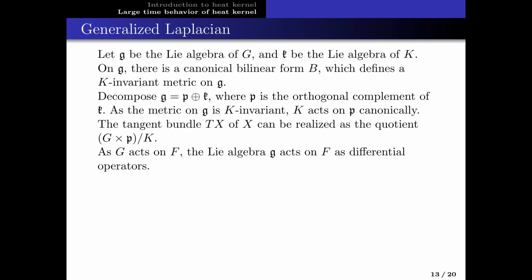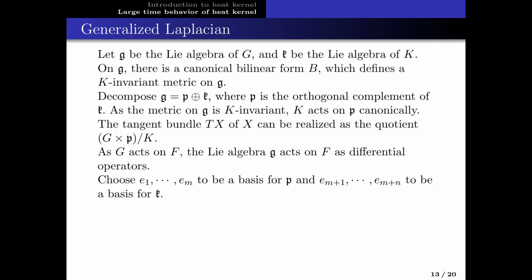Now, to remind you, we have this G action on G mod K, and we can use the G action to act on the whole bundle. So we can look at the corresponding infinitesimal action of the Lie algebra on this bundle. This gives us a nice differential operator.